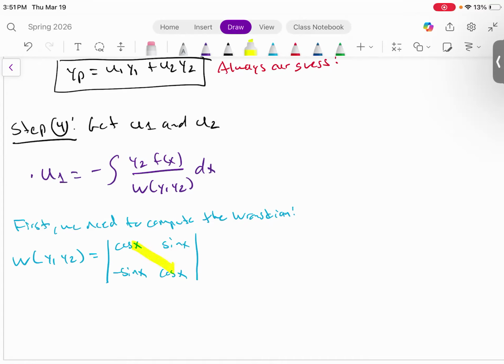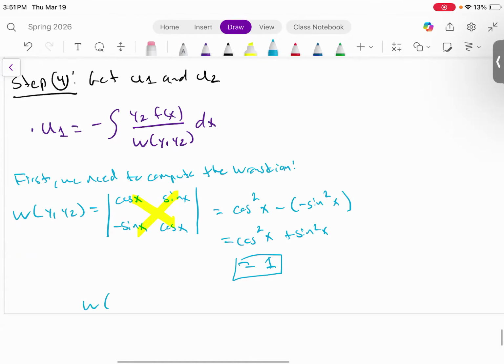And so we get the determinant, we cross multiply and subtract. So this would be cosine squared x minus negative sine squared x, which is just cosine squared plus sine squared, and cosine squared plus sine squared just equals 1.